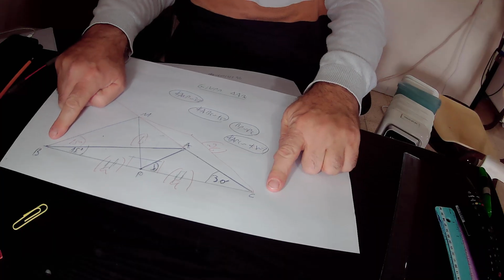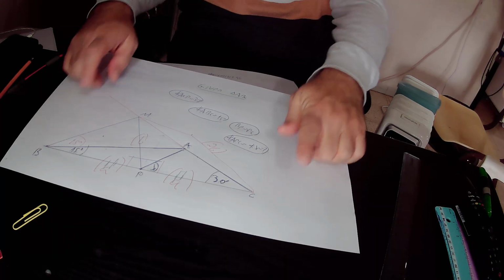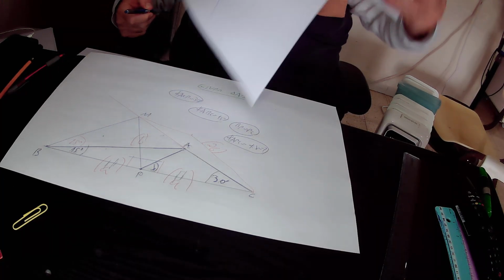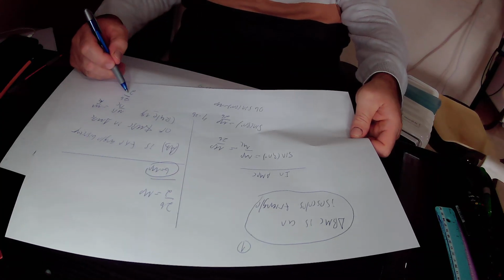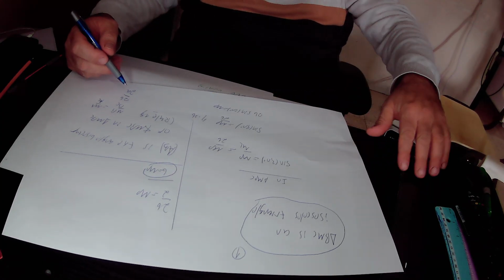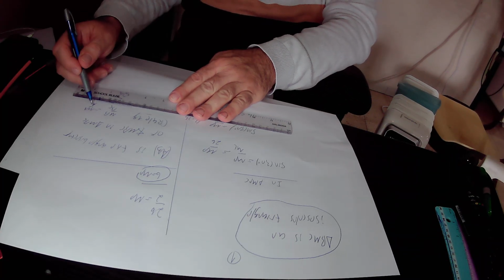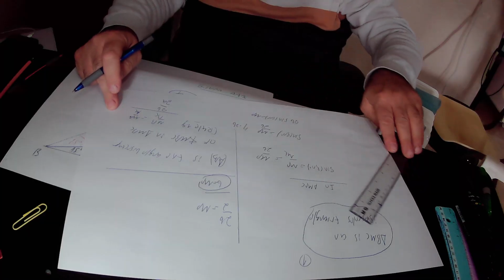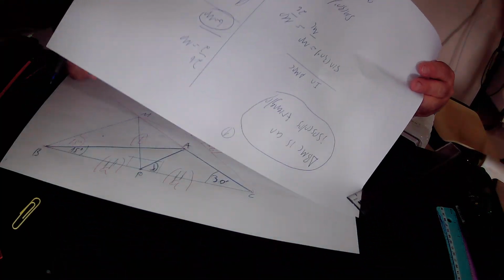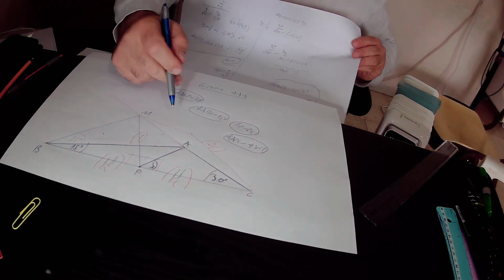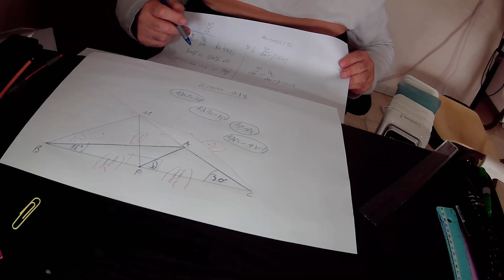BC in total equals A plus A, that is 2A. So MB over BC is 2B over 2A, and it equals MA over AC.